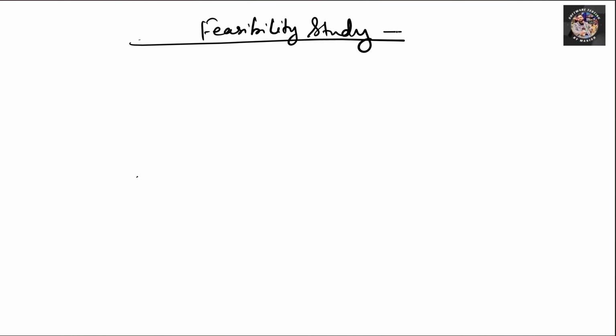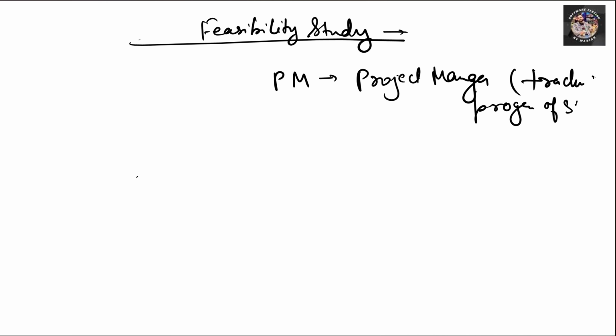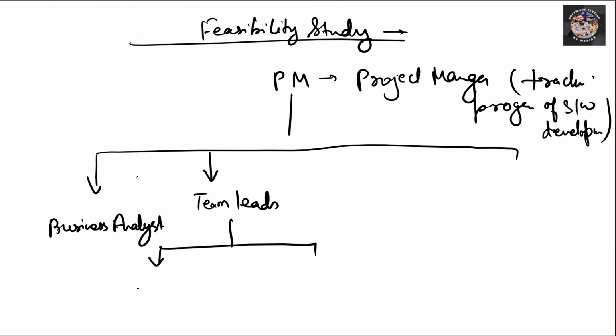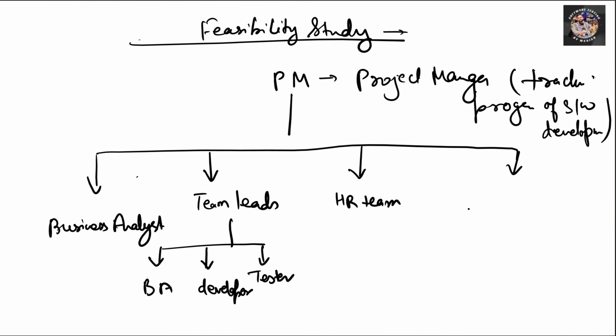So who is going to do the feasibility study? There is a project manager who will track the progress of the software development. Under the project manager, there is the business analyst. Second are team leaders, that is team leads of various fields: business analyst, developer team leads, testing team leads, one from the HR team and one from the finance team.